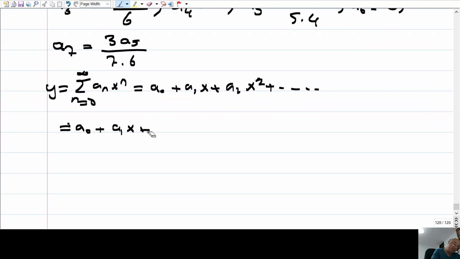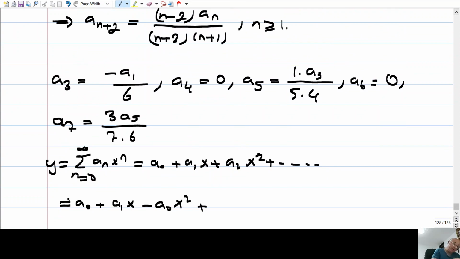So minus a0 x squared plus a3. a3 is this, minus a1 over 6, x cubed. a4 was 0 because it corresponds to n equals 2.